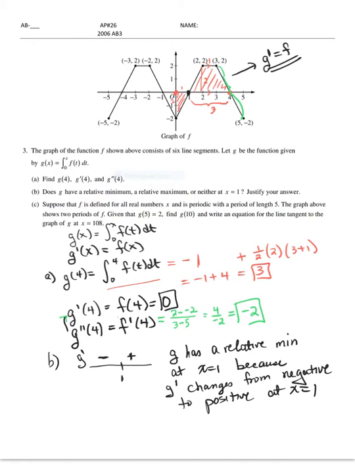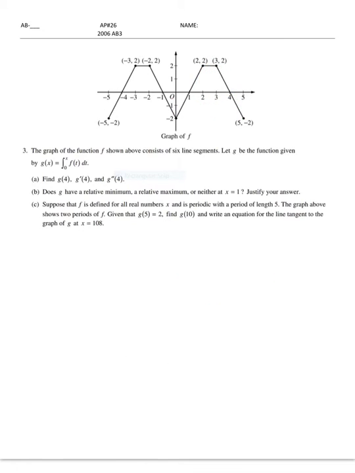And that would be enough. Or you could say because the graph of g changes from decreasing to increasing at x equals 1. All right, that takes care of that part. Part C is very, very different from what we're used to. Let's take a look at that.